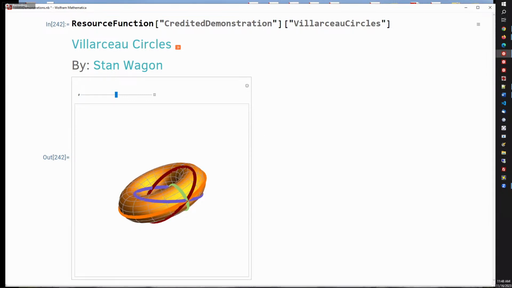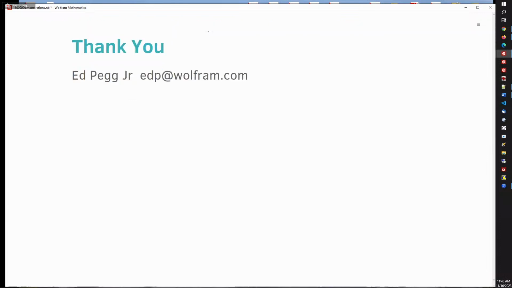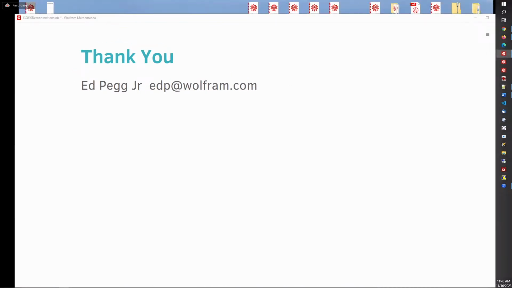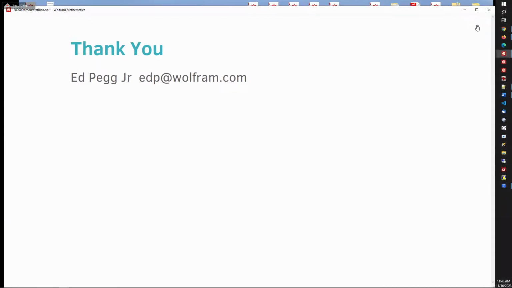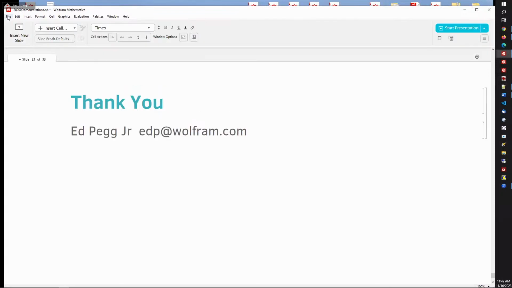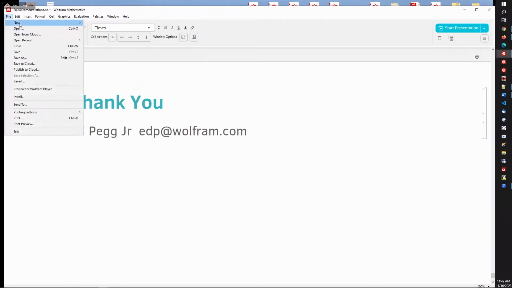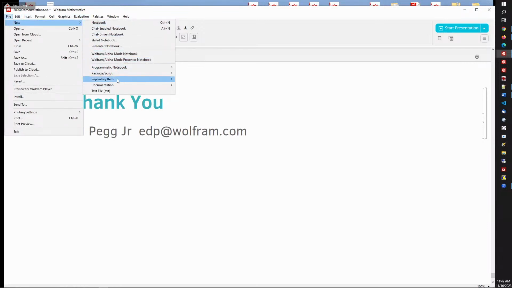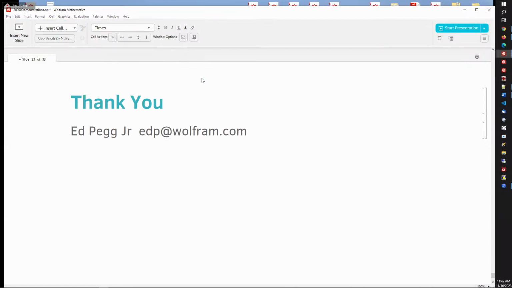So that is what I had prepared. If you have a demonstration, let me see if I can bring one up here. If we go to File, New Repository Item, you can get the template for a demonstrations project or for a data repository or for a function repository.